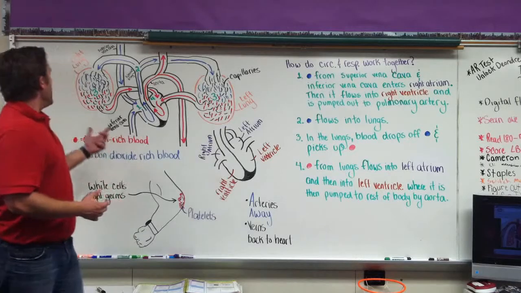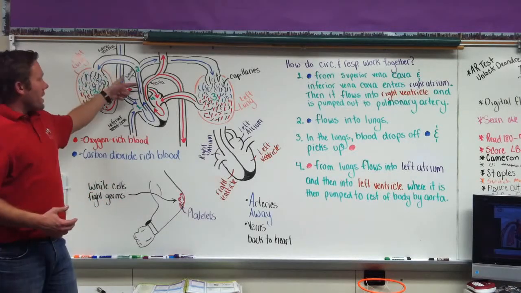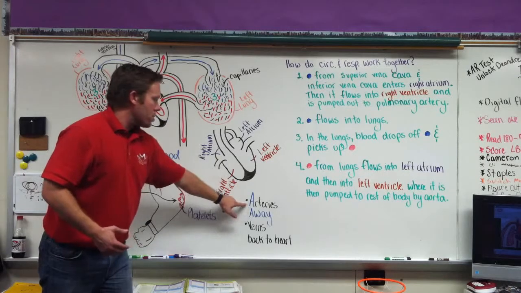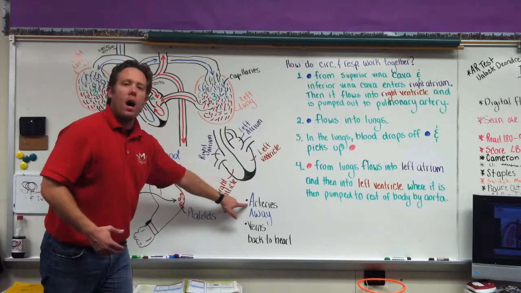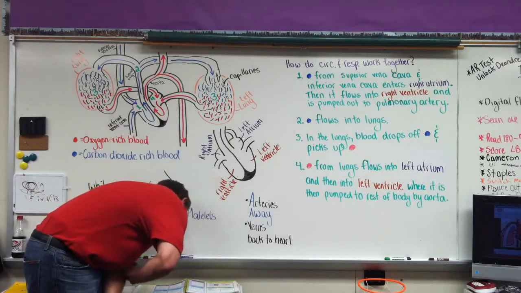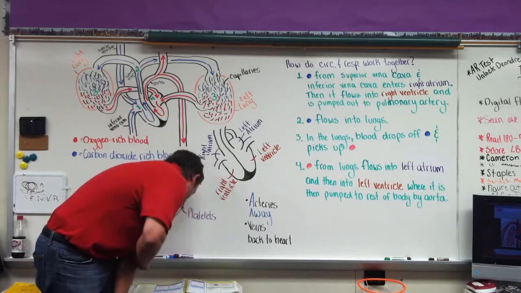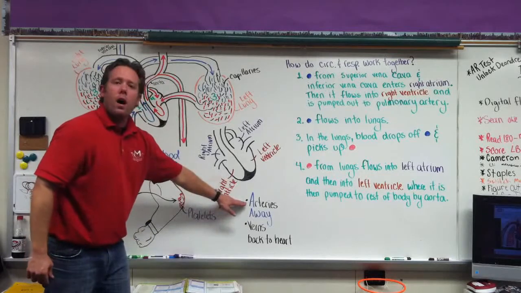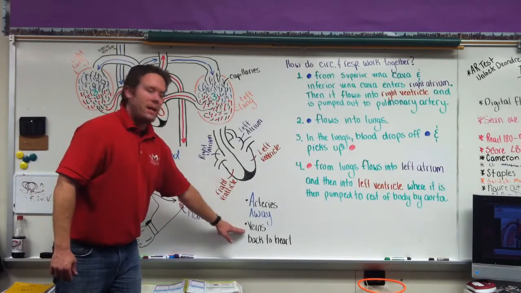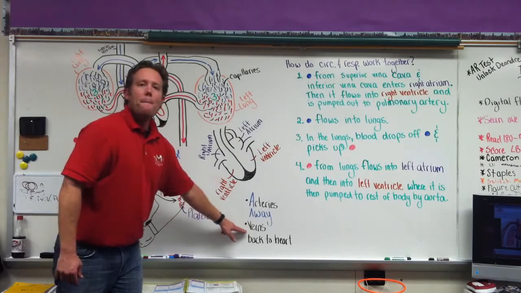Now, the arteries take blood away from the heart. And here was kind of our trick: arteries, away. Okay? Arteries take the blood away, and veins take the blood back to the heart.